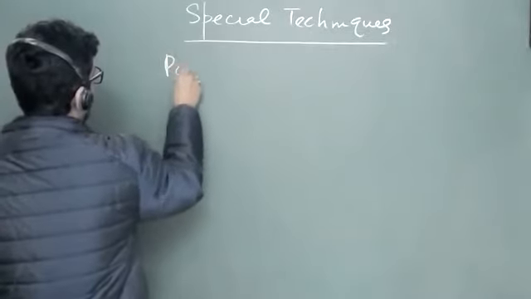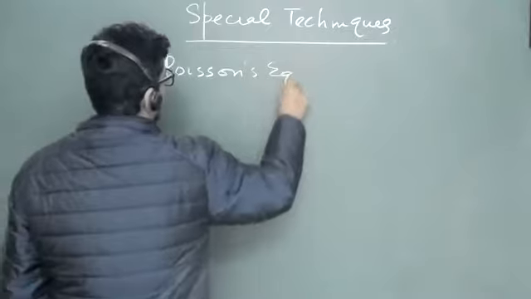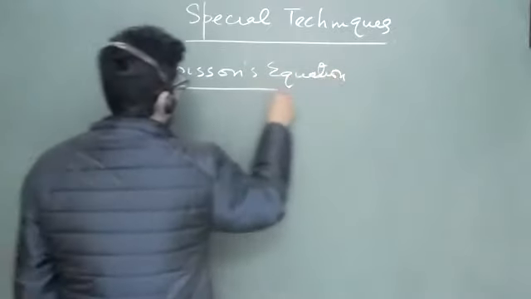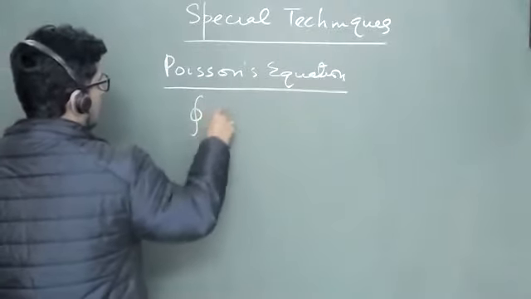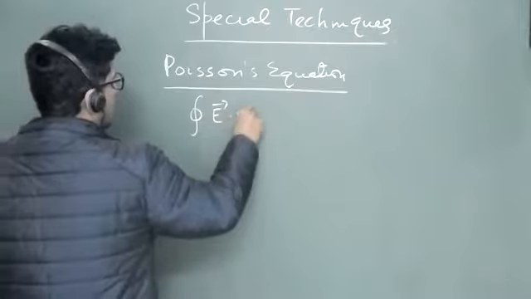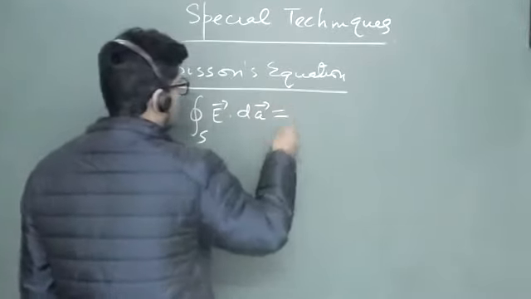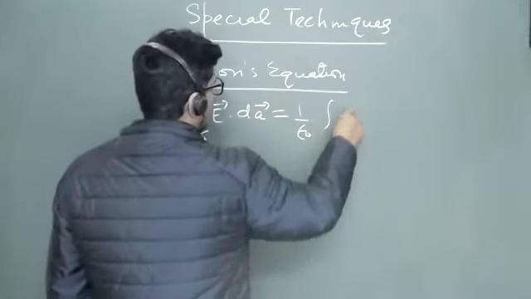First is Poisson equation. You remember that the Gauss law was integral E dot dA on some surface. This was equal to 1 by epsilon naught times integral rho d tau, right?